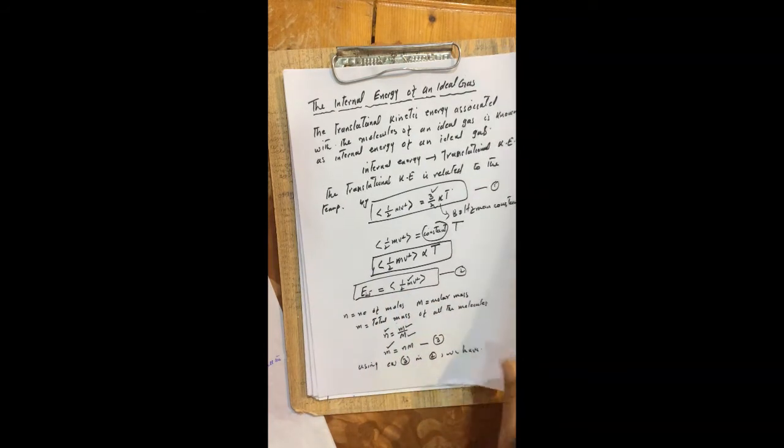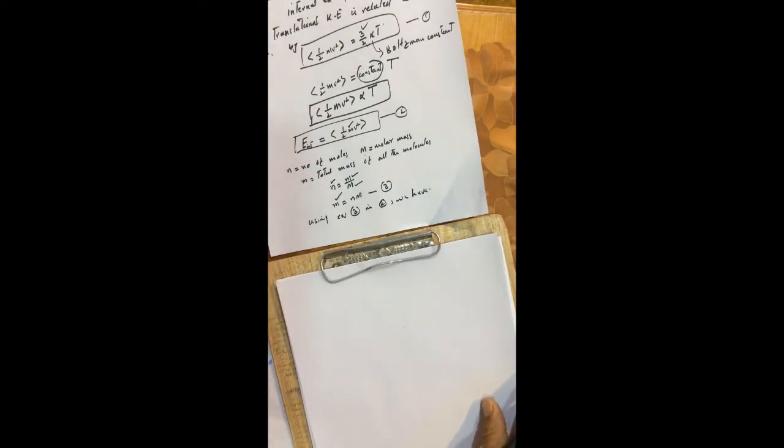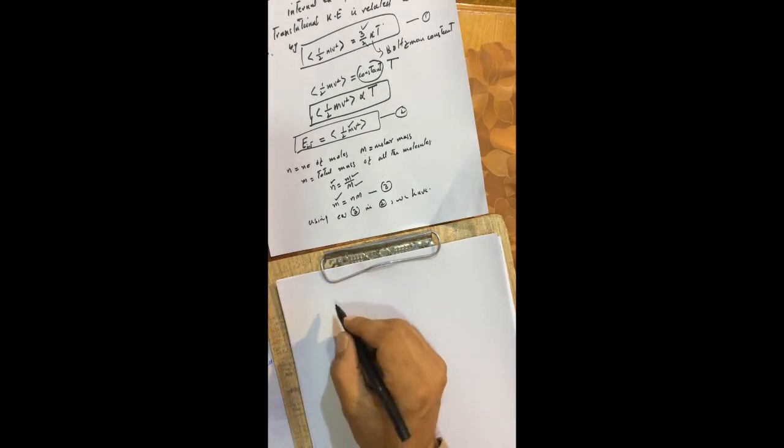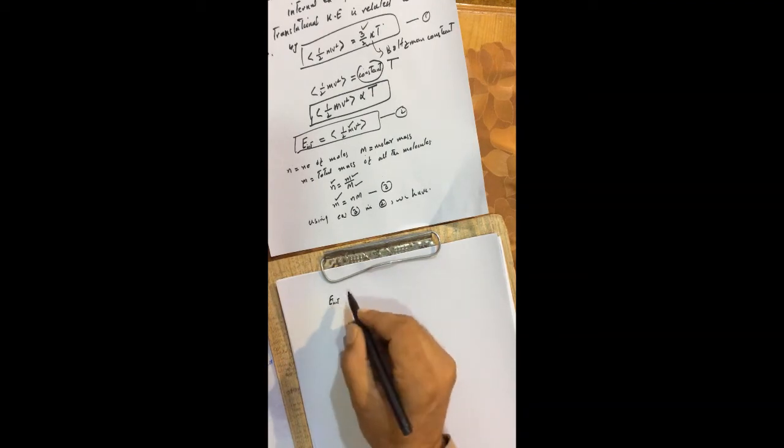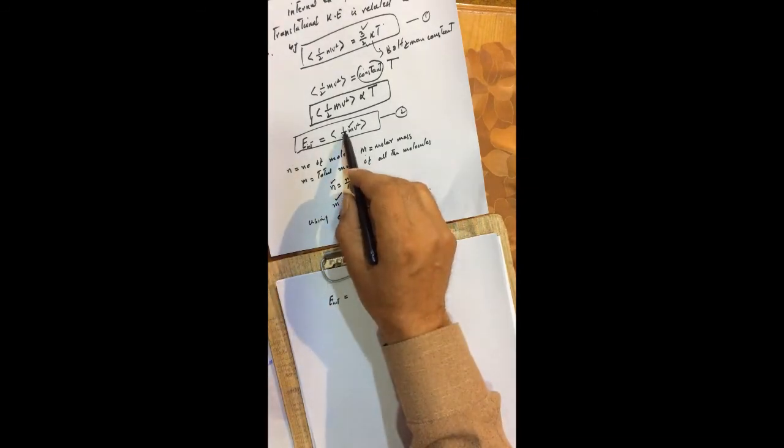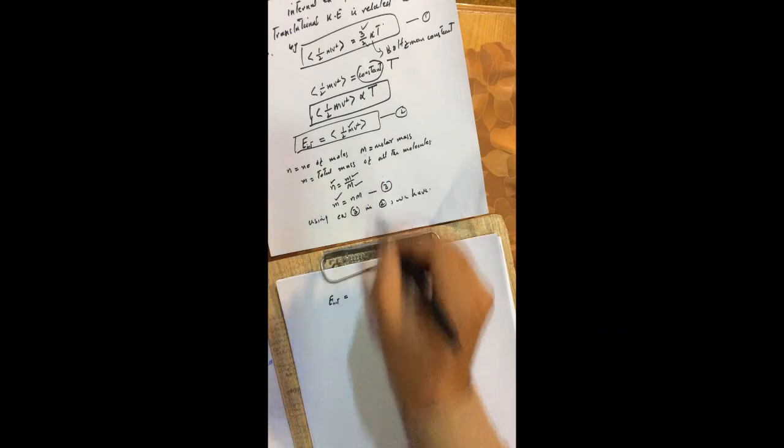Then the internal energy, E internal, is equal to, here we have 1/2 and m, which are both constant, so I can keep it from this average value.